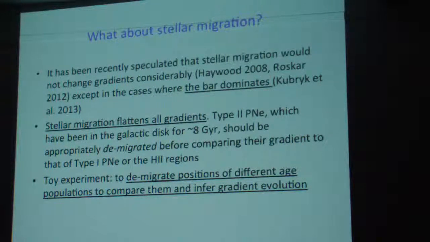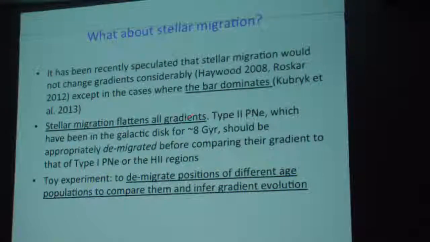But very recently, I think a couple of weeks ago, I saw a paper on astro-ph, a simulation by Kubryk et al., where they show that a bar-dominated galaxy can migrate populations very much. It changed the scenario completely. So stellar migration, of course, flattens all gradients.